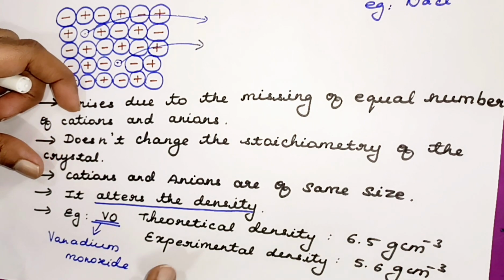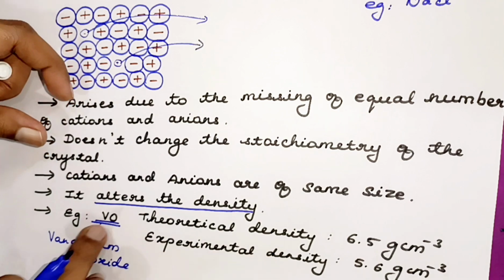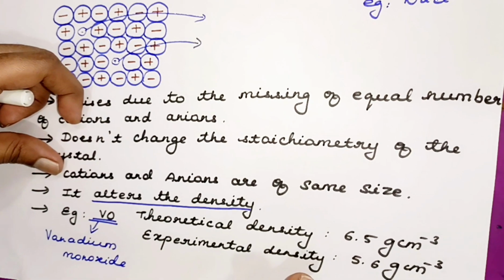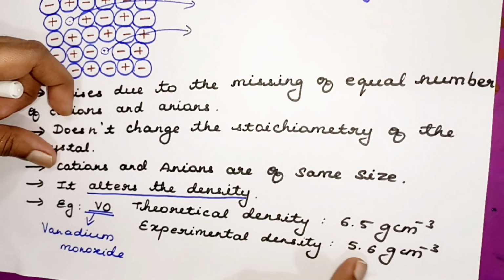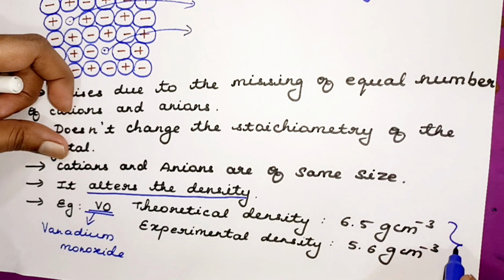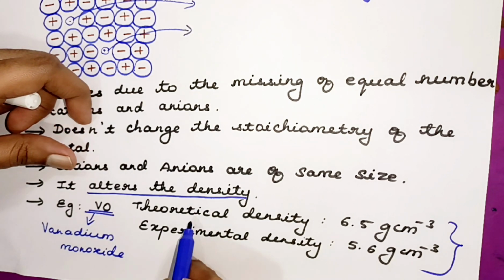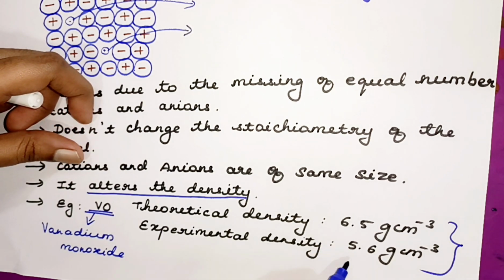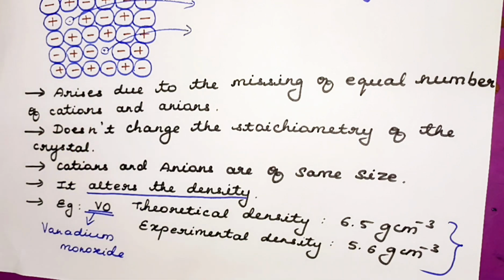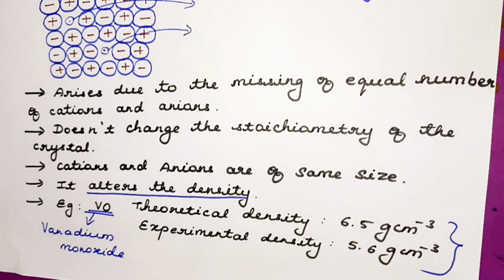Whereas the actual experimental density, where we take an experiment on that crystal and calculate the density, we are getting as 5.6 gram per centimeter cube. That means there is some variation between these two cases. The theoretical density and experimental density vary by some numbers. That means some amount of cations and anions are missing in that case.